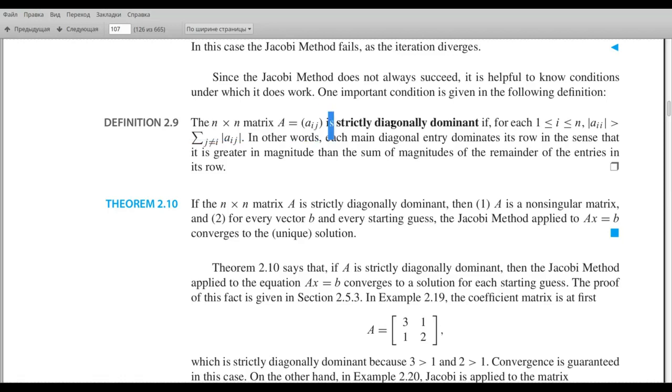The matrix is strictly diagonally dominant if the magnitude of the diagonal element is strictly more than the sum of the magnitudes of the elements with j not equal to i. So i is the row, right? So if the magnitude of the diagonal element is strictly more than the sum of all other elements in the same row. Clear or not?